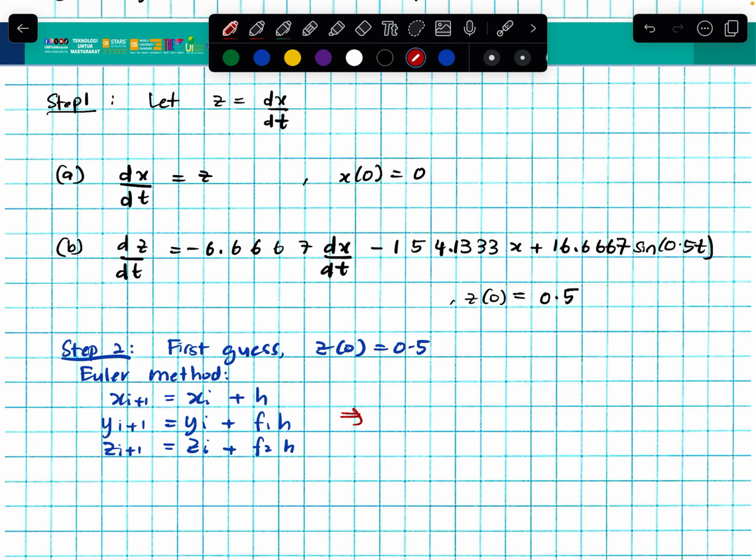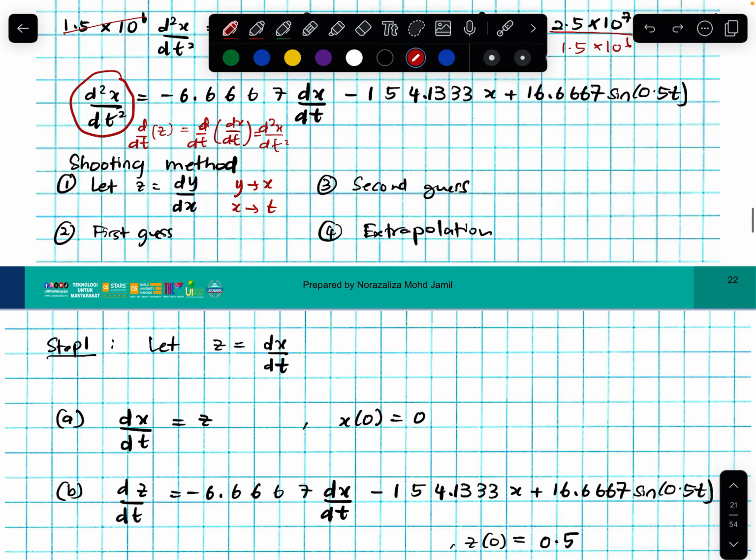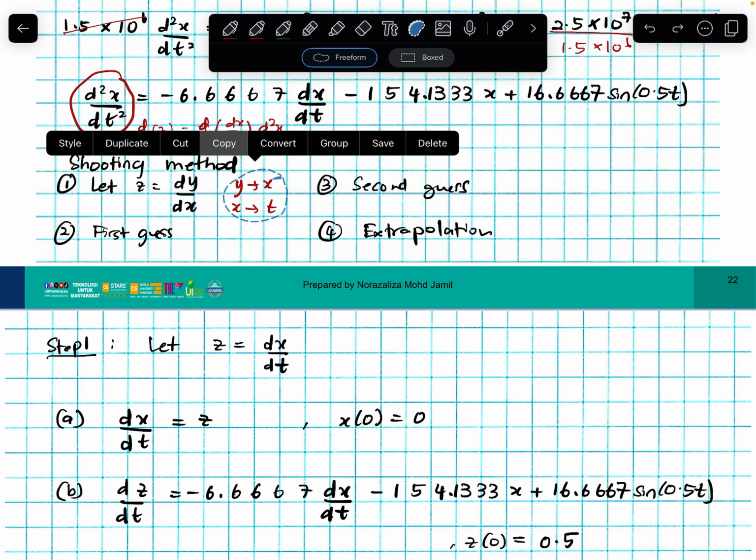Okay, when we apply it to our case, remember the transformation here: y should be replaced by x and x should be replaced by t.